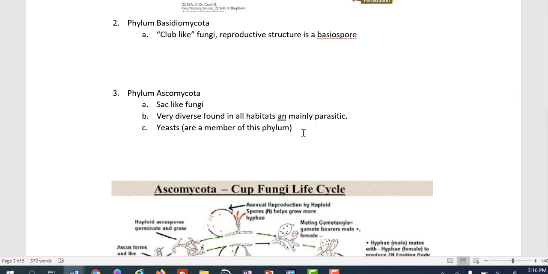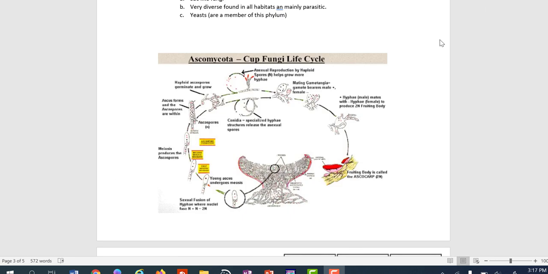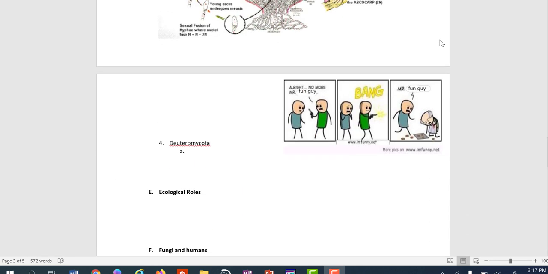So our baker's yeast and brewer's yeast. Okay, last group, which really we won't look at anything in particular, but just to say that Deuteromycota represents what we call fungi imperfecti.